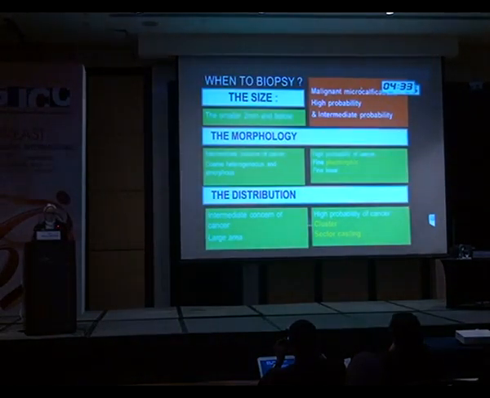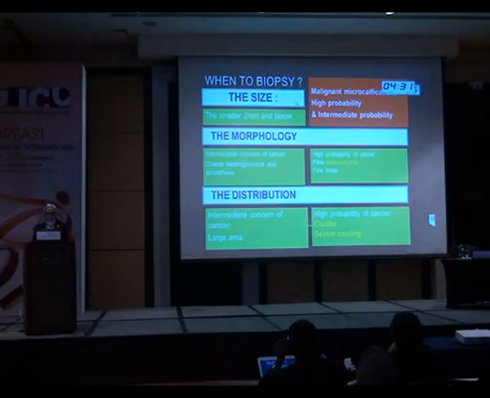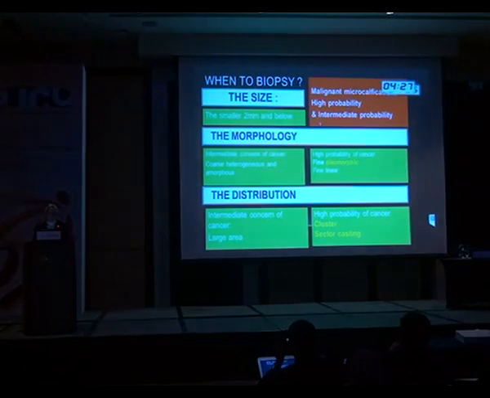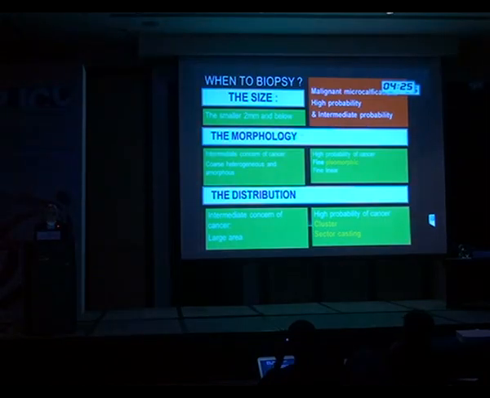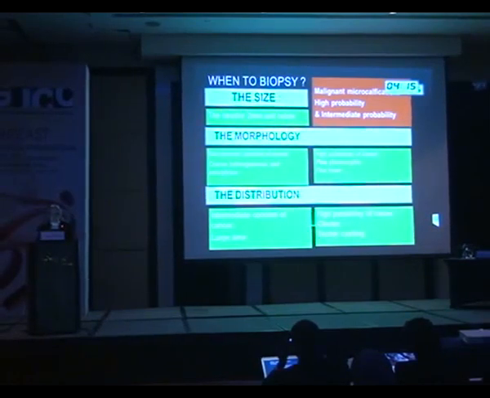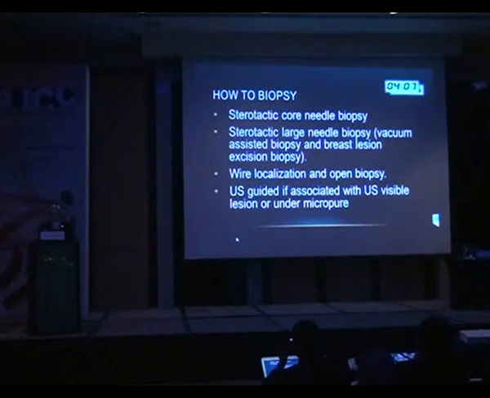When to biopsy microcalcification, it's very important to biopsy microcalcification when we categorize it as high probability and intermediate probability. We categorize high probability when having fine linear and fine pleomorphic, and based on the distribution when being a cluster and segmental. And the intermediate probability is the coarse heterogeneous amorphous microcalcification distributed in a large area.